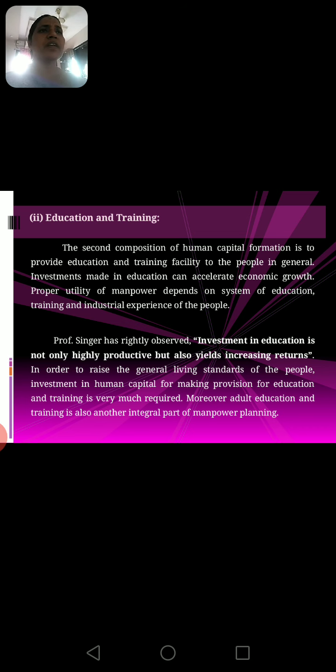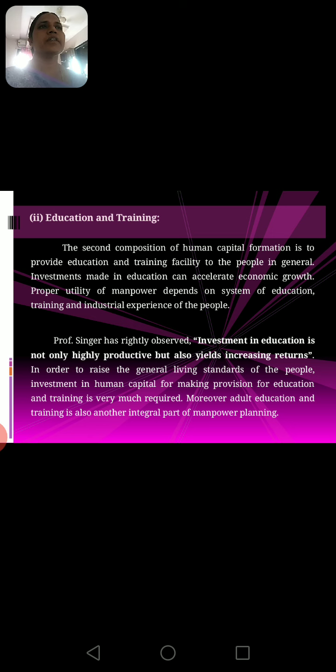Moreover, adult education and training is also another integral part of manpower planning. In Andhra Pradesh and also in India, along with adult education and training, we have bridge courses and other education systems in our education policy.